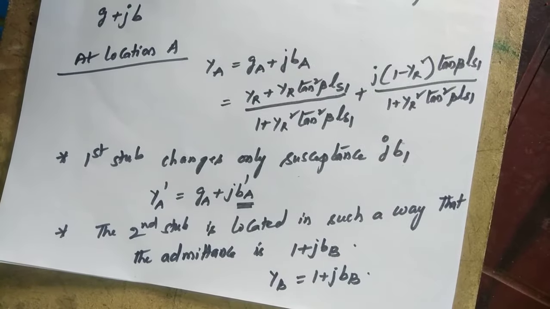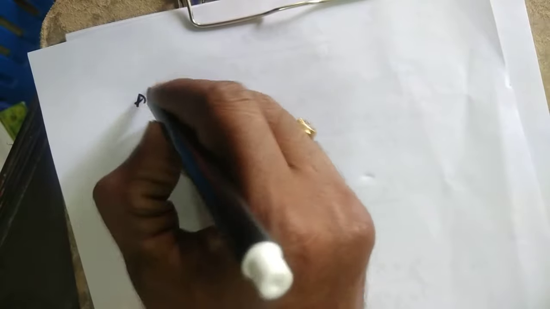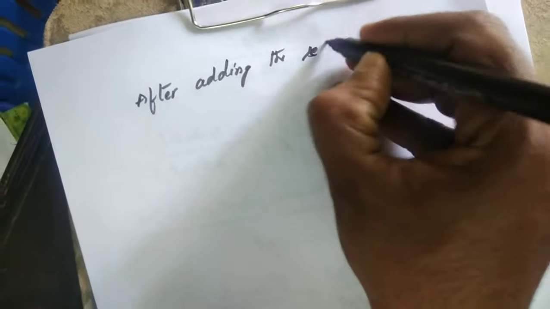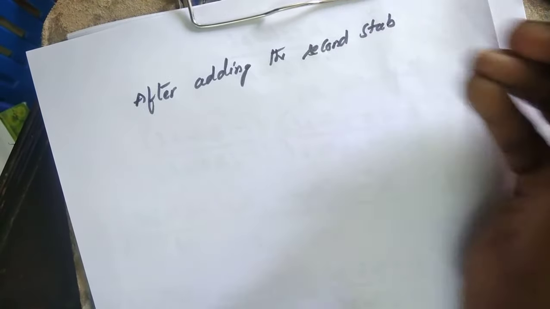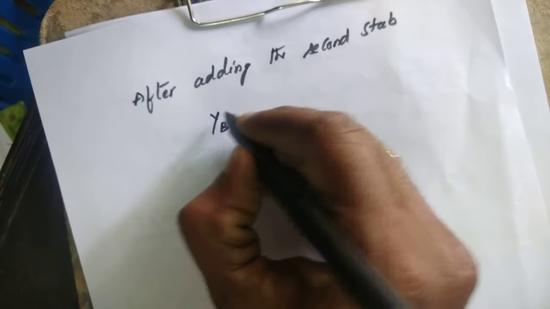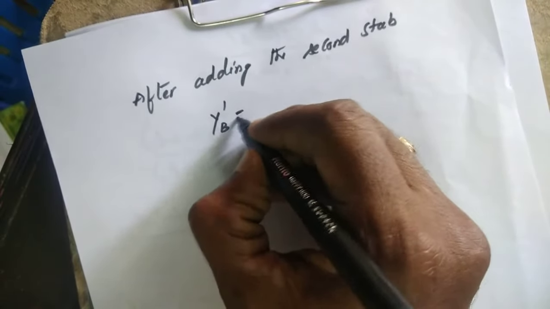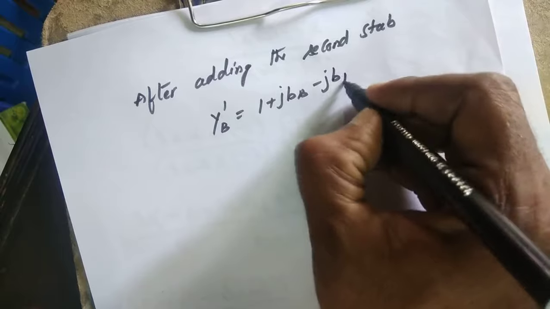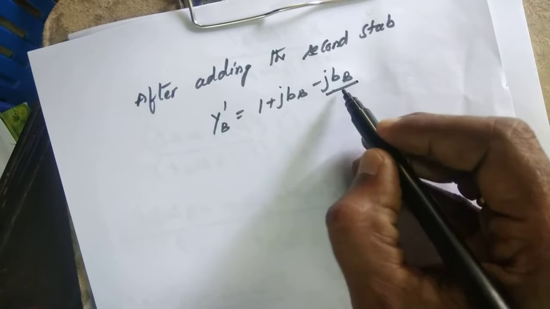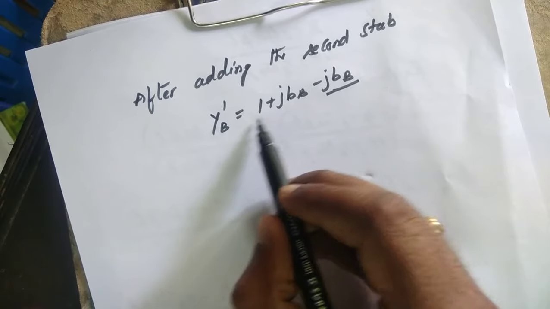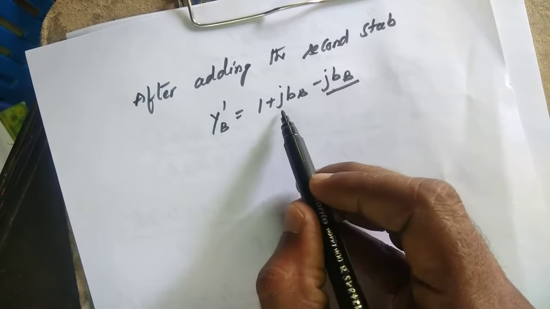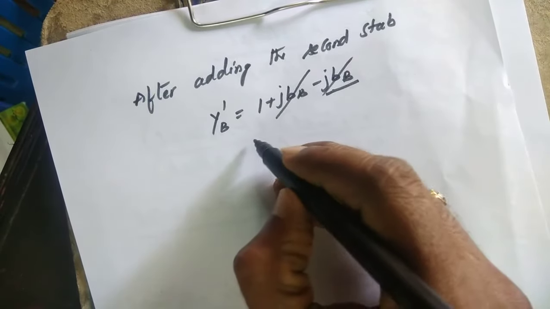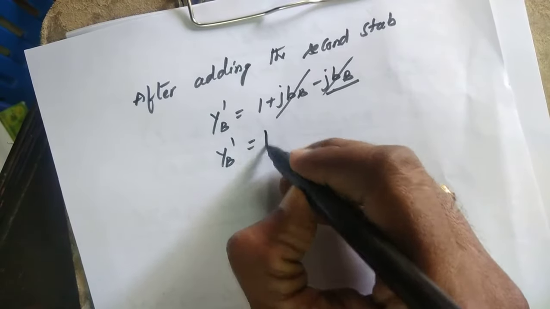So now after adding the second stub, the overall admittance YB dash will become 1 plus jBB minus jBB, where this is the susceptance of the second stub, and at point B this is the admittance of the transmission line. So when you add the second stub, these two automatically get cancelled and YB dash will become only 1 here.